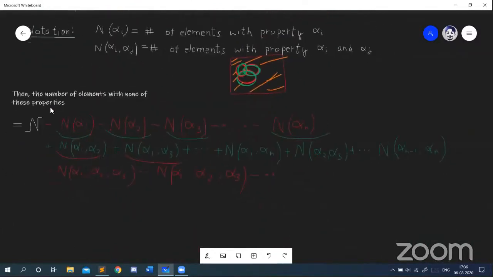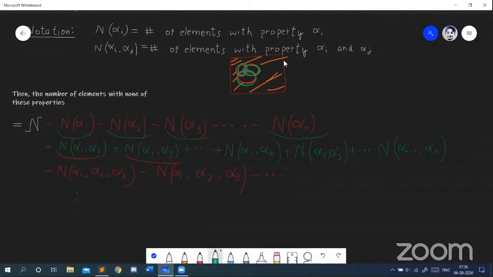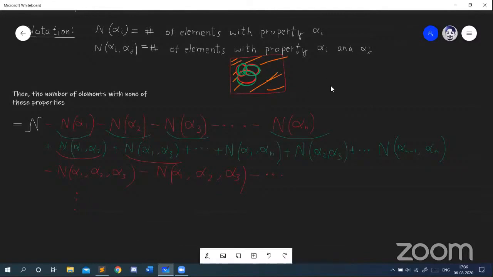So you first subtract, and then you add, and then you subtract, and then you add, right? So these are taken one at a time. For taken one at a time, you subtract, and taken two at a time, you add, and taken three at a time, you subtract, and so on, right? I basically just generalized this idea for this set, right?